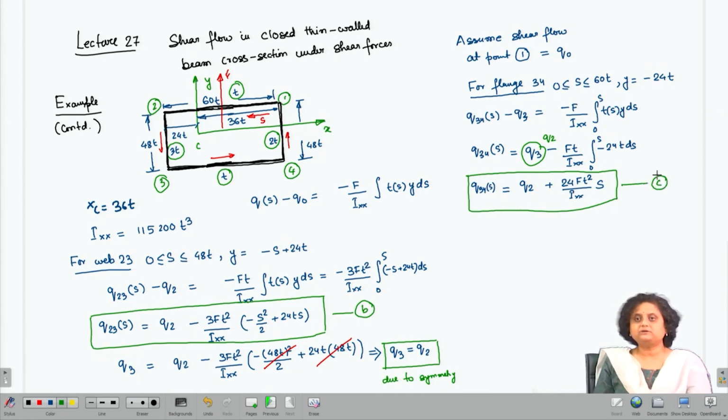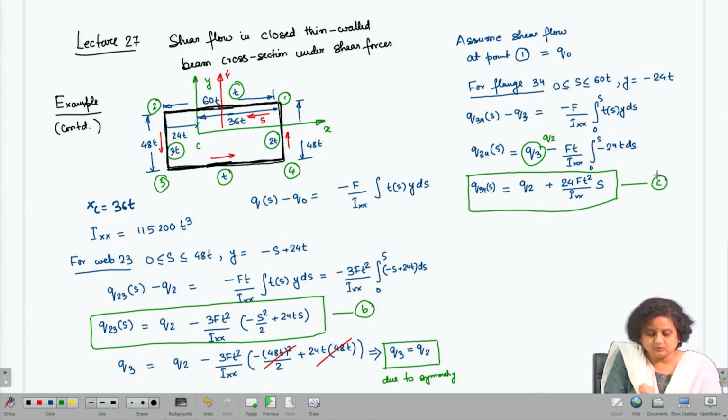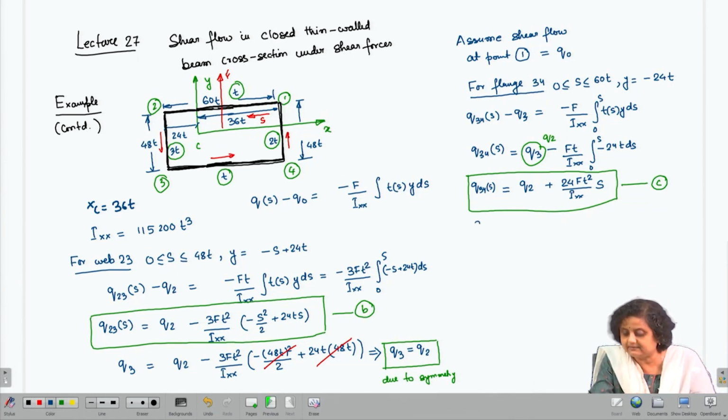Now, from expression C, we can evaluate Q4 as Q2 plus 24 Ft square, where S is going to be 60t, by Ixx. Now, this is going to be Q2 plus 1440 Ft cube by Ixx.